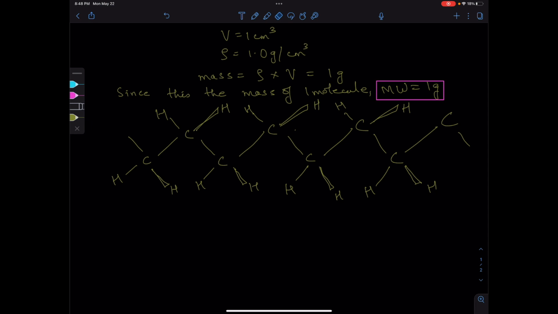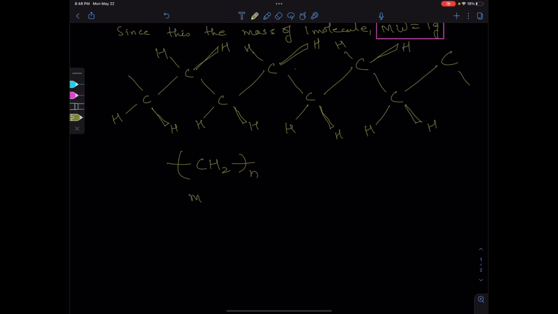To find the contour length, let's see how many mers are there in this polymer chain. So each mer is CH2. It's getting repeated n times. (14 grams per mole) because carbon is 12 and 2 hydrogens is 2.